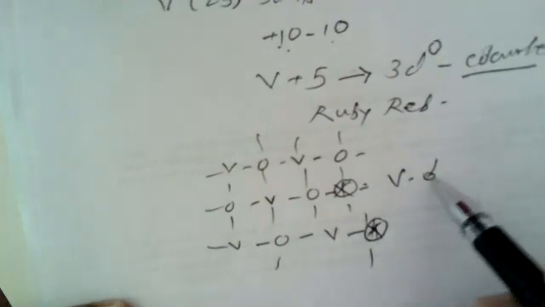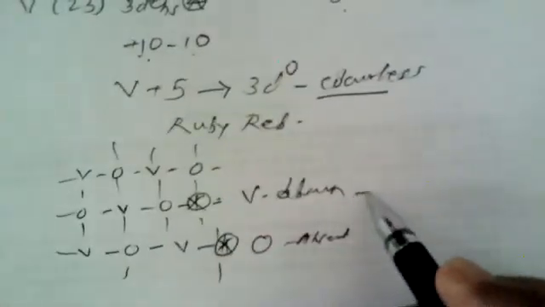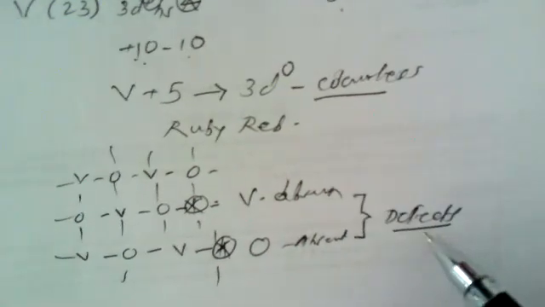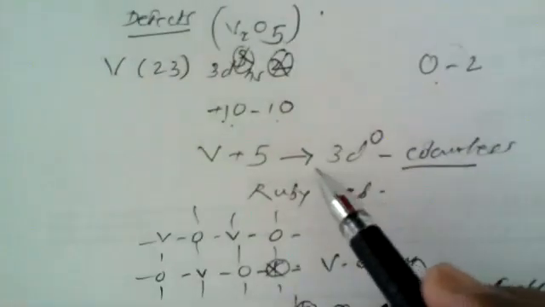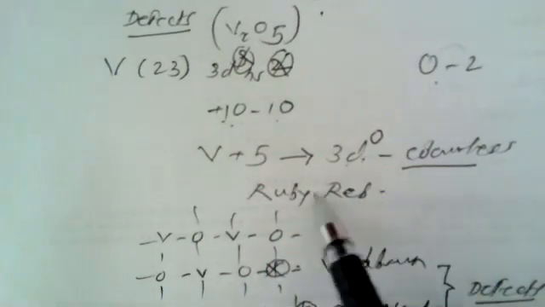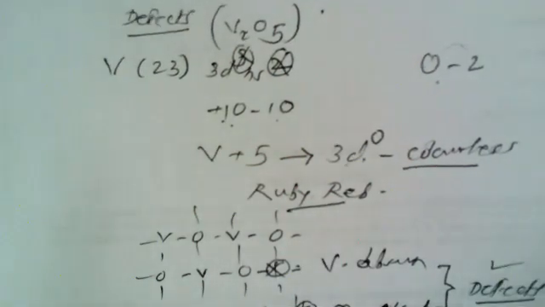Here a vanadium atom should be present, but it is absent from its lattice site. Or sometimes, in this continuous array of vanadium, oxygen, vanadium, an oxygen atom is also absent. Because the ions are absent from the lattice sites, this creates defects. Because of the presence of defects, even though vanadium in vanadium pentoxide has the d0 configuration, it is ruby red in color due to defects in the solid crystal structure.